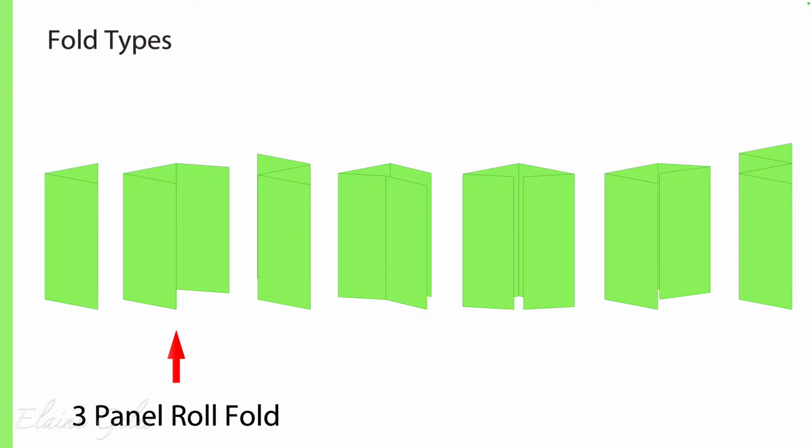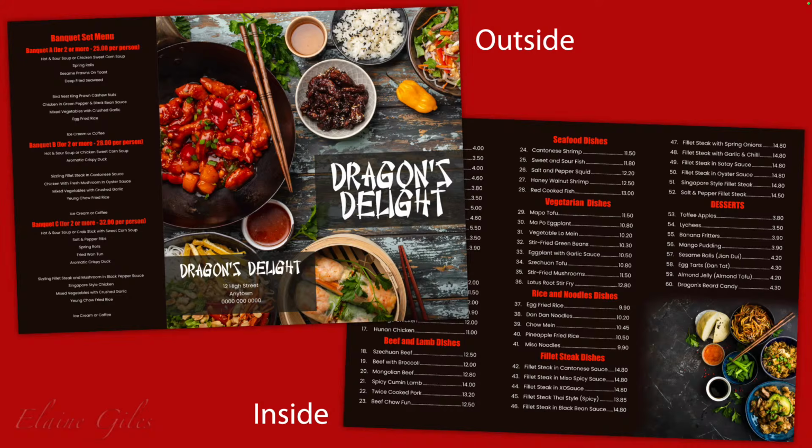And that means think like a menu where the inside cover on the right folds in and then the side on the left folds over the top of it. That's the one I'm demonstrating. Now, that is going to look something like this. The outside of it has 3 panels, the front cover, back cover, and the inside flap.